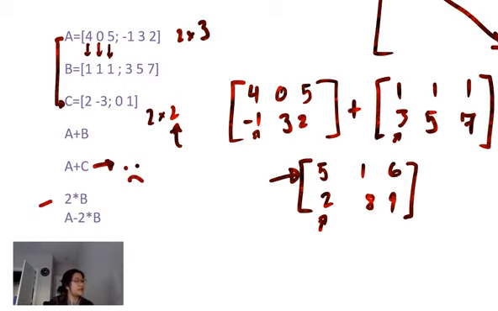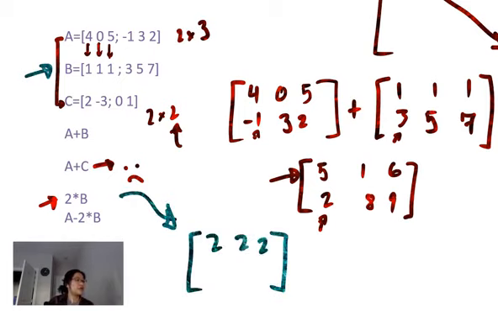We can scale up our B. All of our entries for B, we can just multiply by 2, and that's what's going to happen for our scalar, where our first row is going to be 2, 2, 2, and then our second row is going to be 6, 10, 14. Scale everything up by 2.